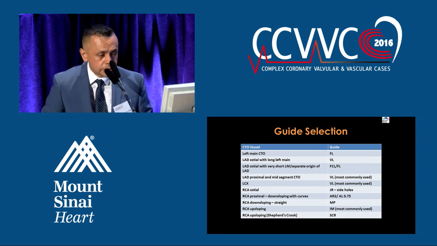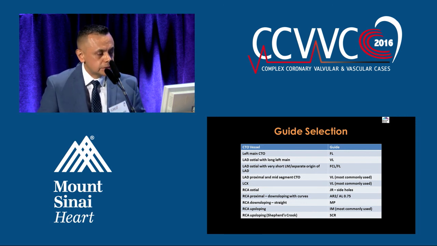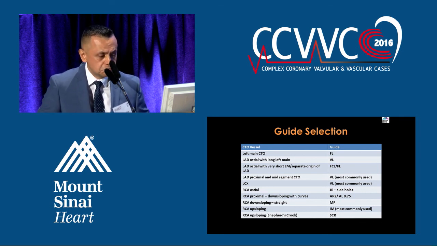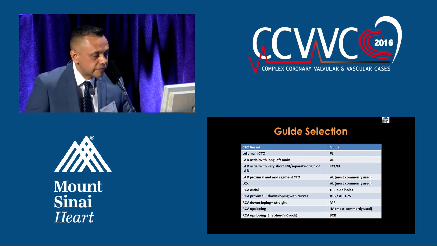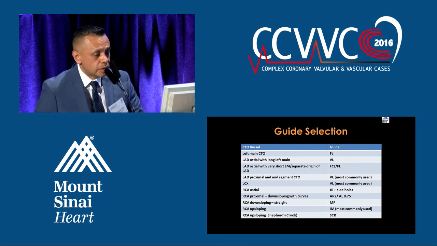The shapes are the same. These are MAC guides. I can tell you that 95% of our guys are MAC guys from Boston Scientific, and the most popular ones are the VL guides for the left system, and the Lima and Amplatz for the right.